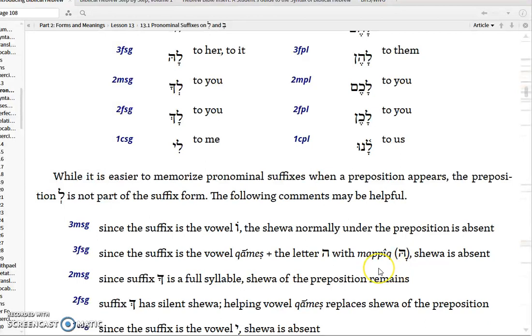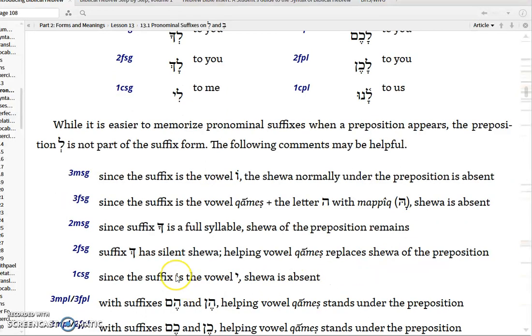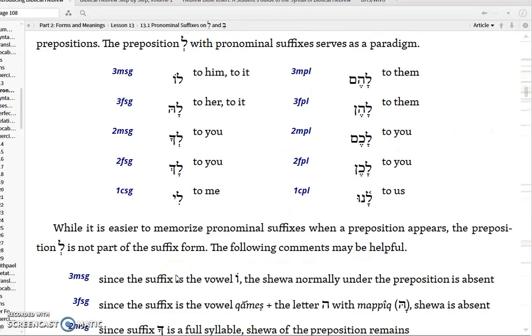And you're kind of used to kamatz hey being feminine, so that should be helpful a little bit. As far as the second persons go, notice that all the second persons have a kaf in them. Ka, kem, and ken. So you have ka and k. I don't have a vowel there, so I just got to make kind of a K sound. And then kem and ken.